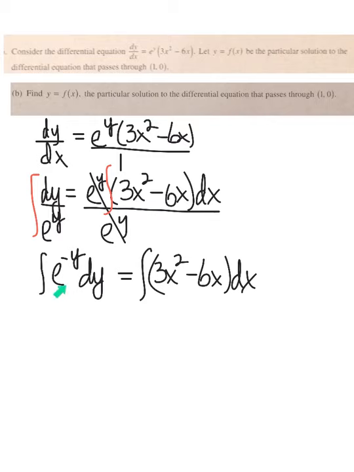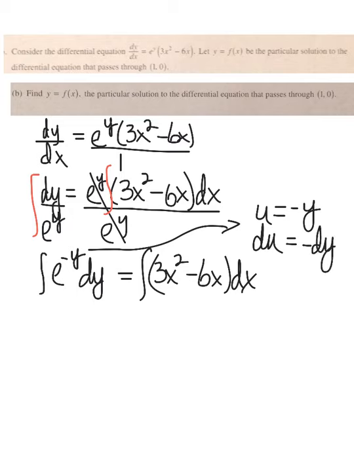Okay, so let's look over here. This isn't a normal e to the y, there's a negative there, so we are going to have to do u substitution. Put that over here. u is going to be negative y. So that means du is going to be negative dy.